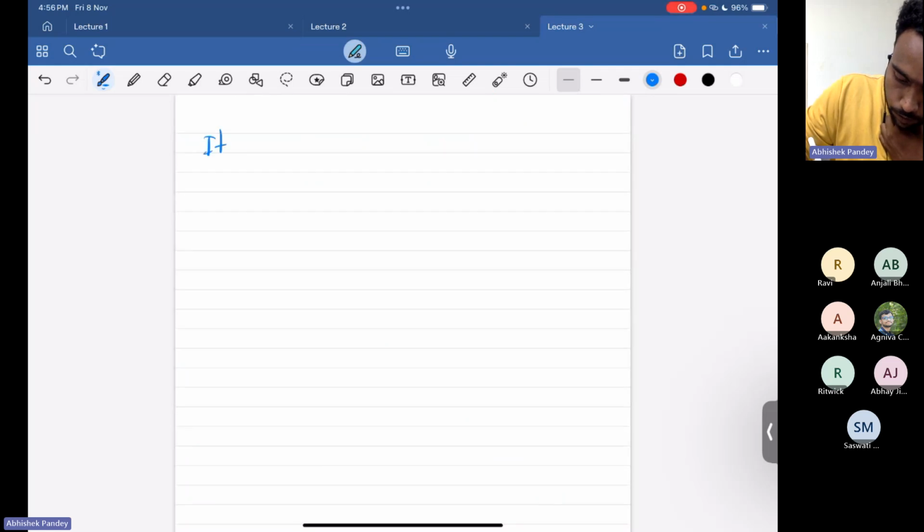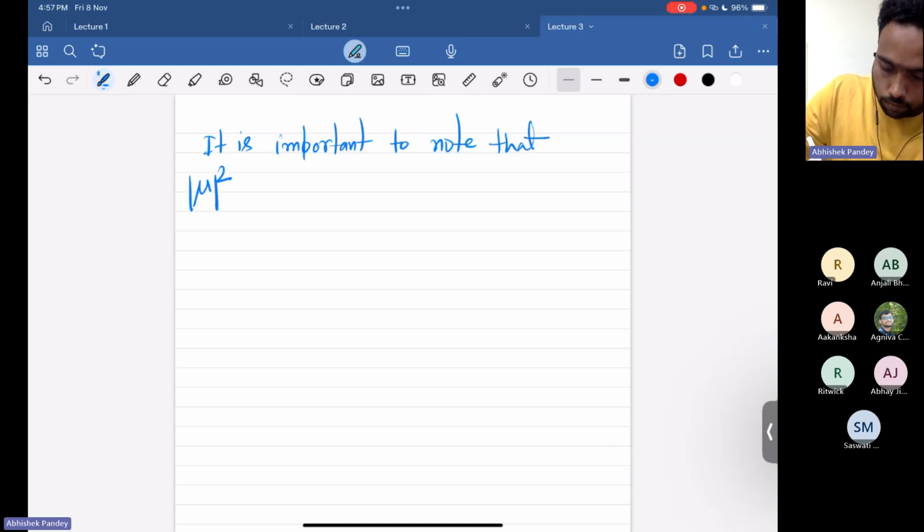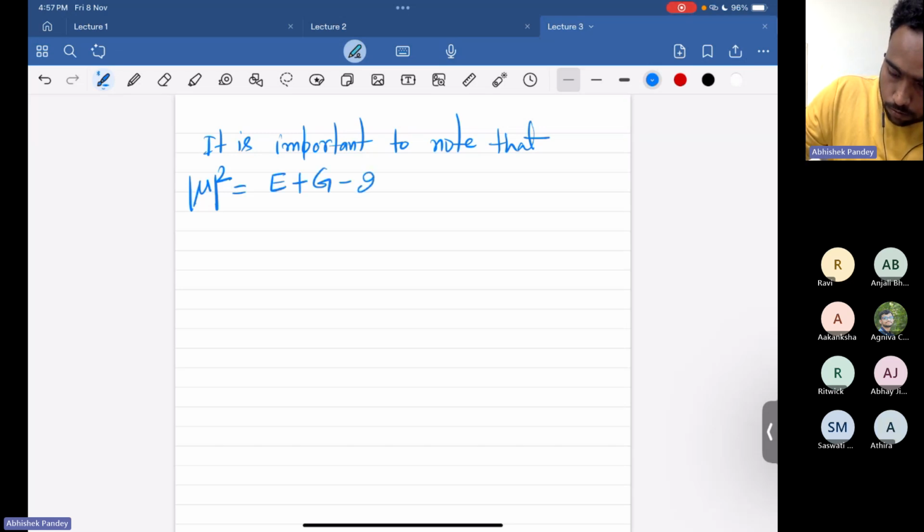Now here's the important thing. It's important to note that if you see mu square, this will be nothing but (E plus G minus 2 root of EG minus F square) upon (E plus G plus 2 root of EG minus F square).